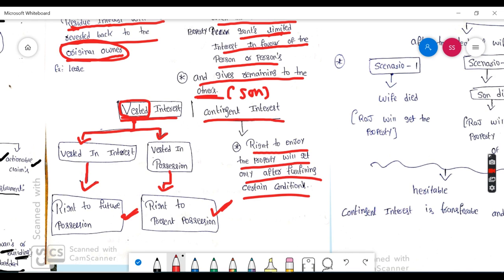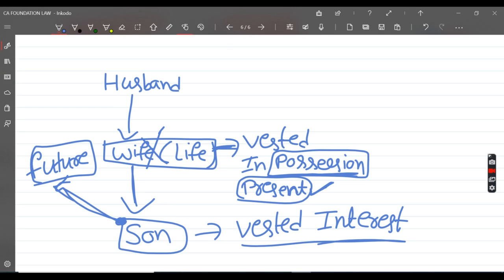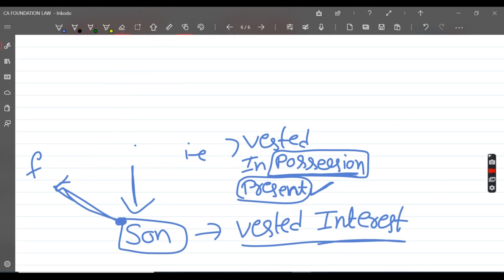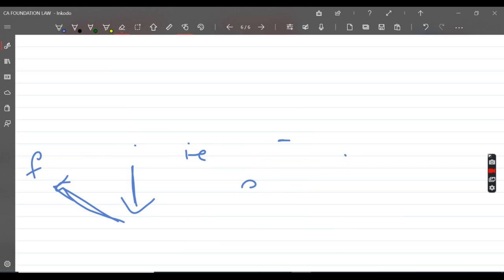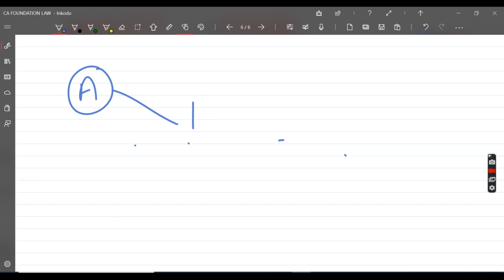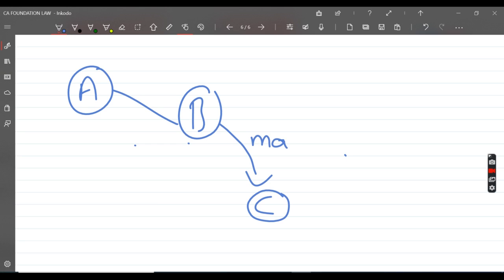So let's just say A said that A will transfer the property only if B marries C. B marries C, right?